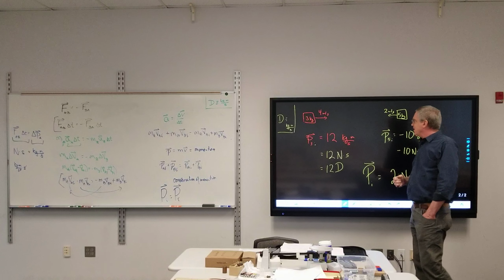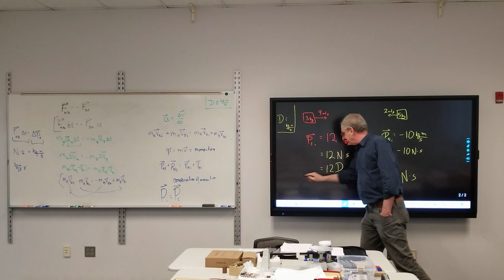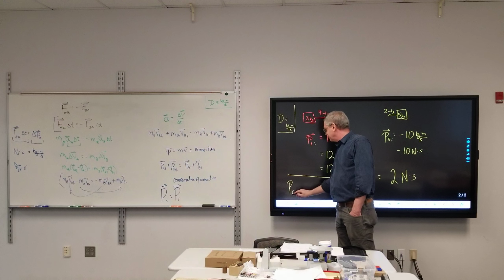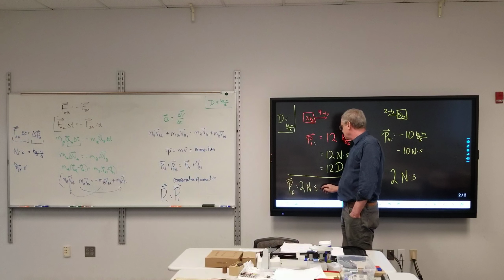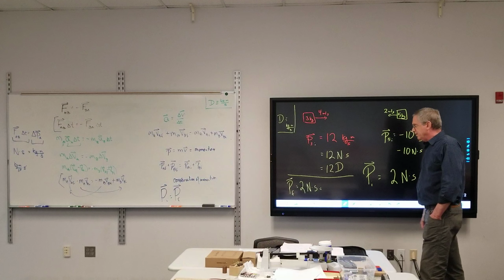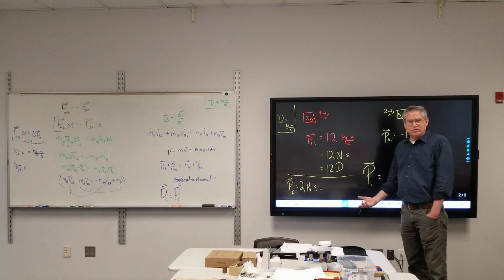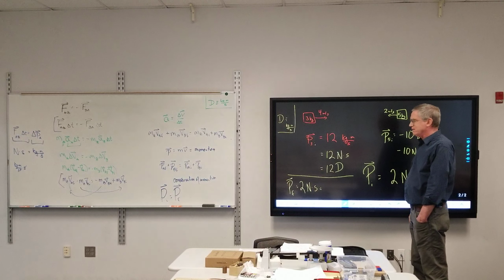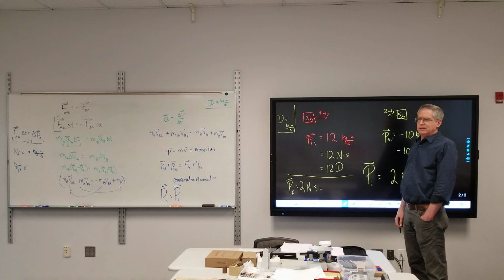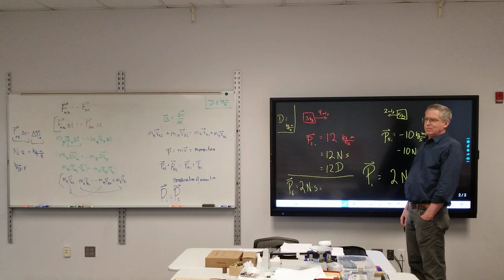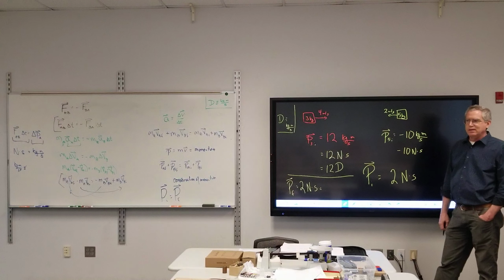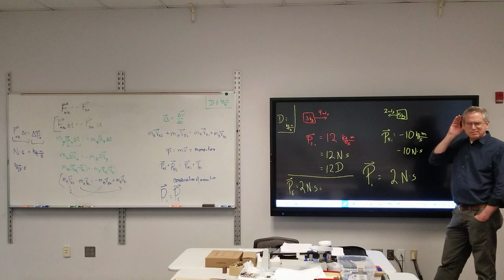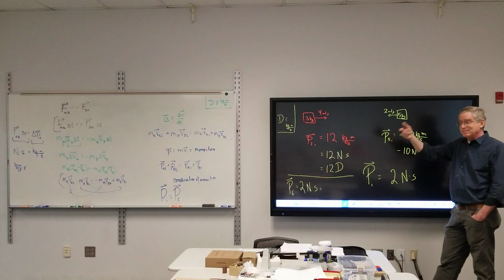So if they stick together, let's go ahead and do that. I know that P final is equal to 2 Newton seconds. That's got to be equal to mass times velocity. What is my mass if they stick together? Absolutely.